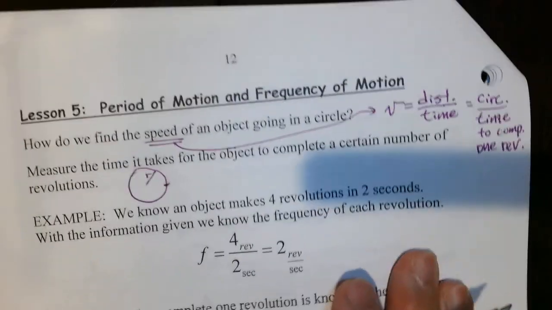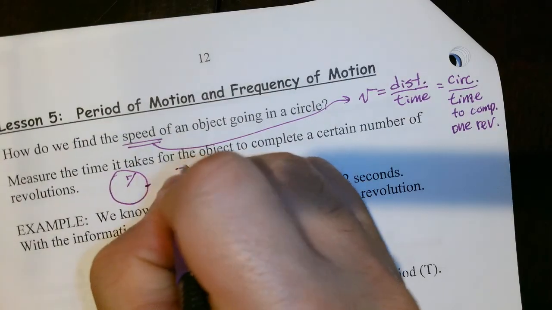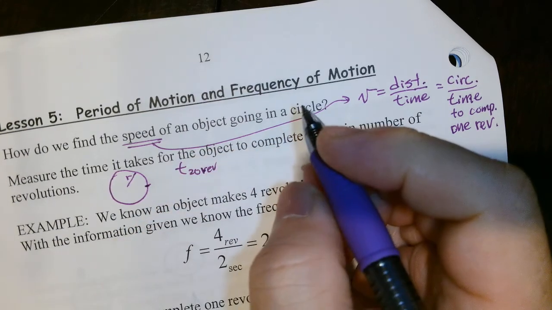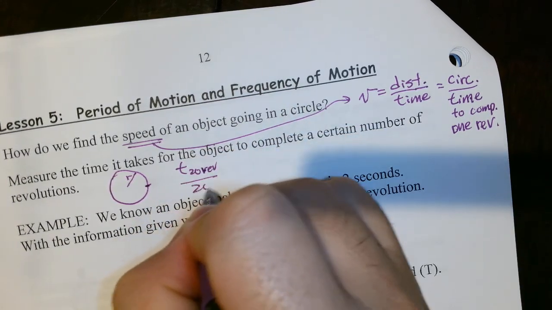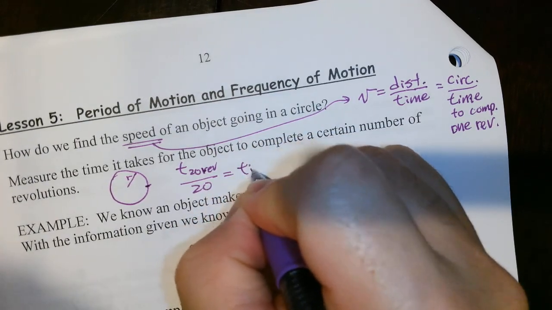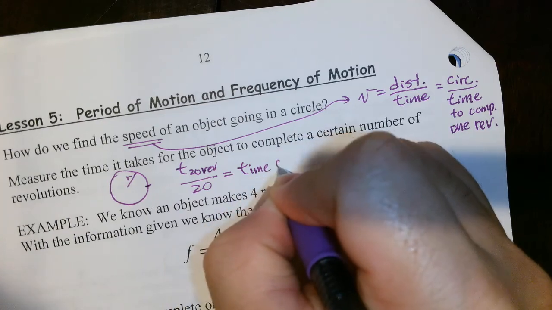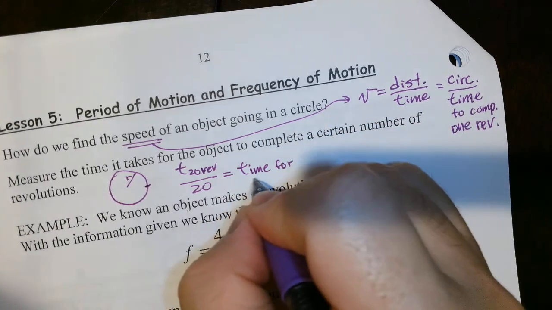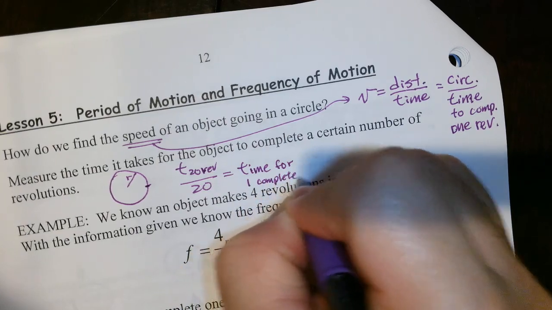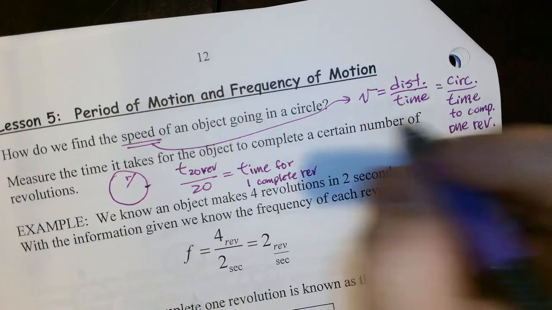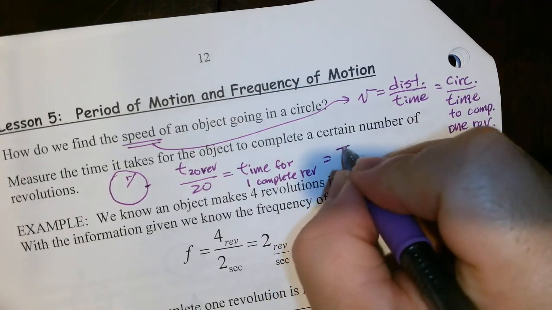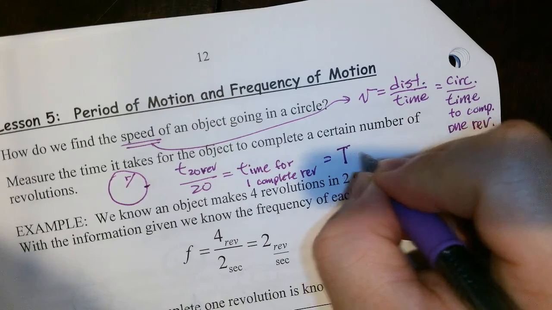So take the time for 20 revolutions, and then you divide that by 20 to get the time for one complete revolution. We call that the period.